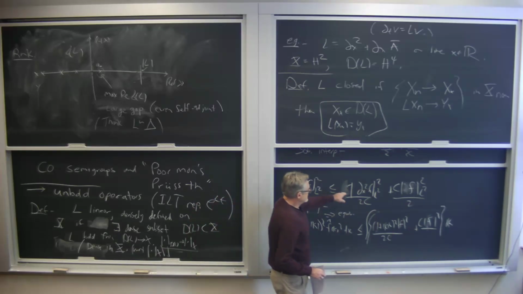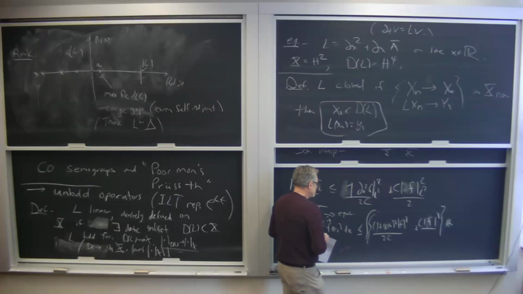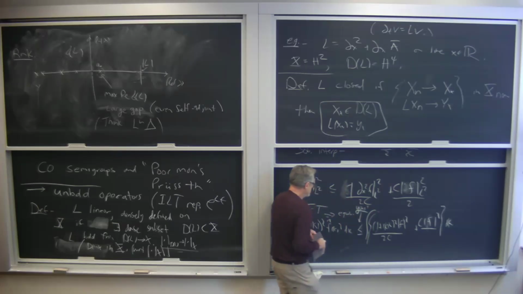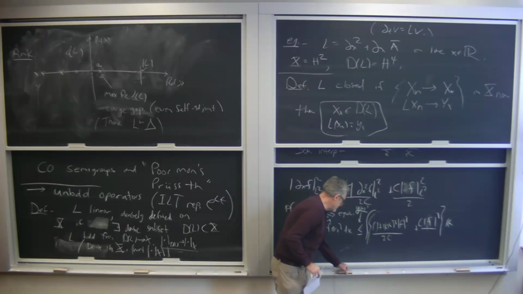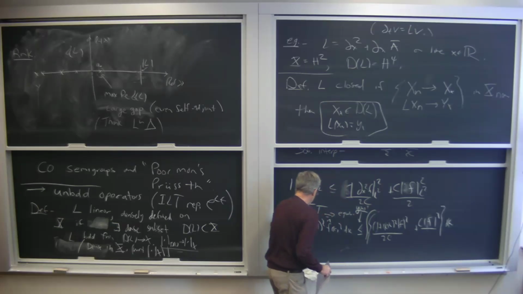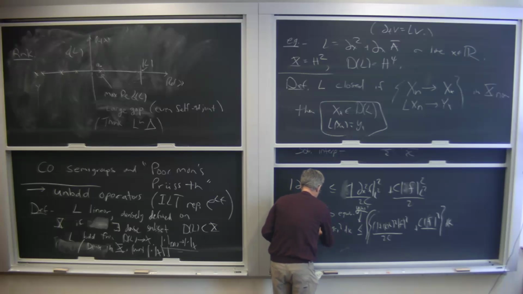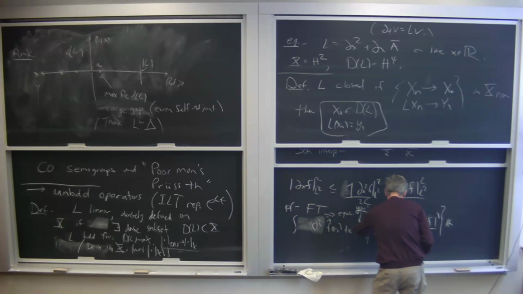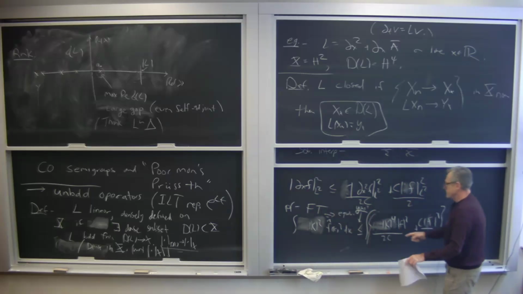So actually I just use Young's inequality. I wanted to start with this. This is equivalent. And I think I'd better stick with that to make this work out. Yeah, this is what I want.